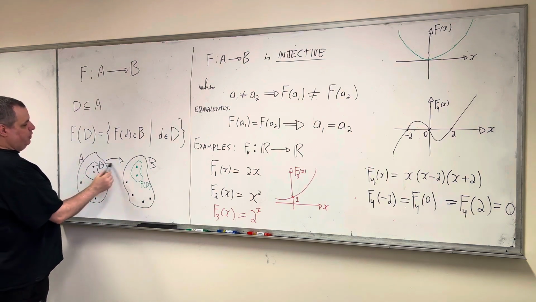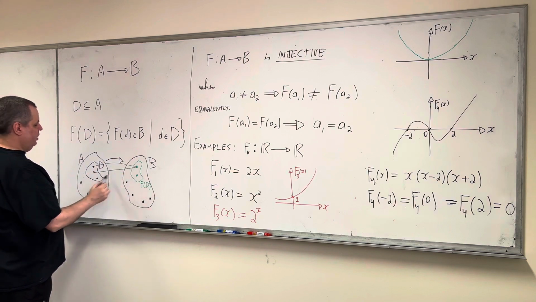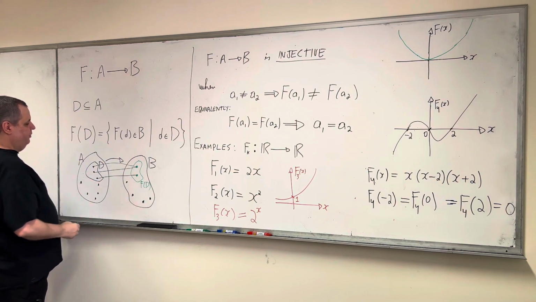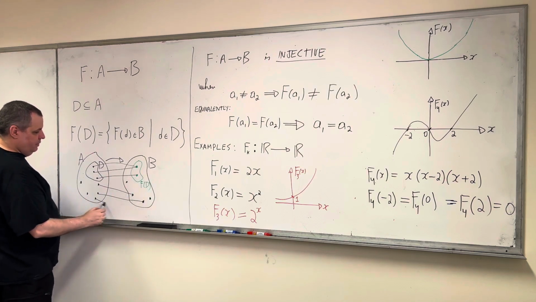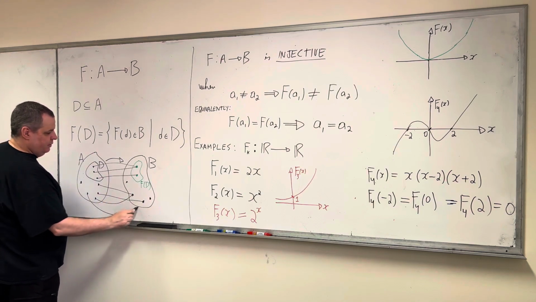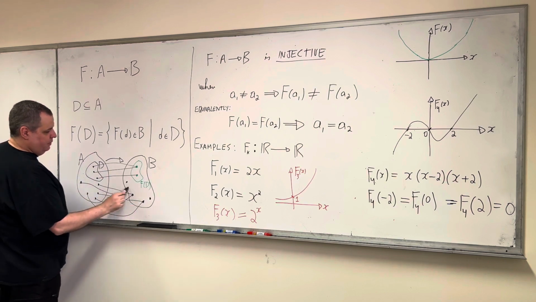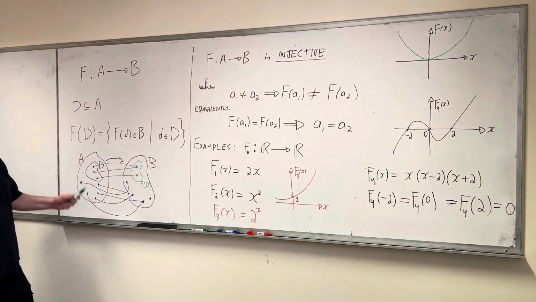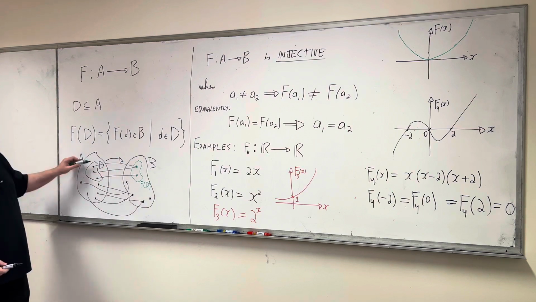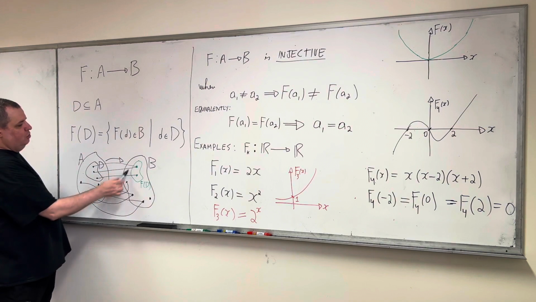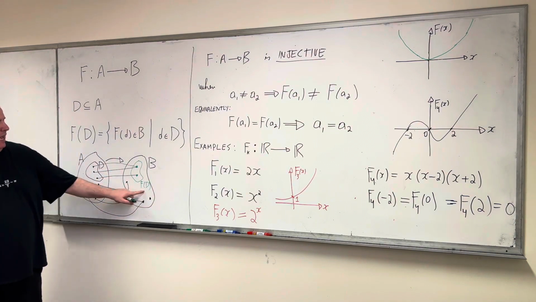So suppose this point goes here, this point also goes here, and this point goes here. Okay? And these points go elsewhere. So when I map the set A into set B, the points in D, they go to this subset here. So that's f of D.